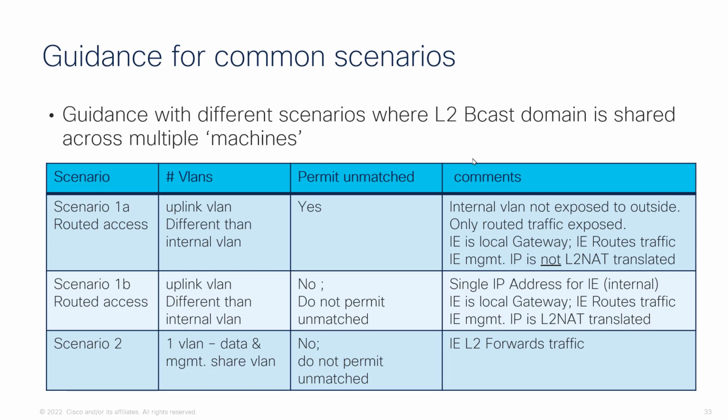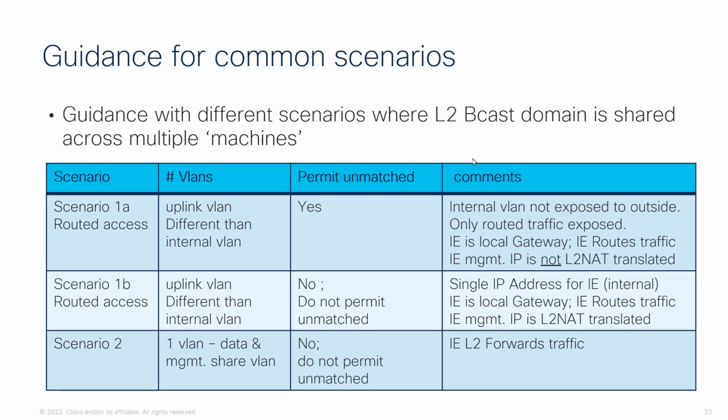So you have 2 IP addresses on the 2 different VLANs representing the 2 different subnets, and you're routing that way. The other way saves on IP addresses to some degree, but you have a single IP address, and this is routed scenario 1B. You have a single IP address for the IE, which is internal. And then to communicate with the IE switch, you have to translate its IP address, so that the switch's own IP address is layer 2 NAT translated.